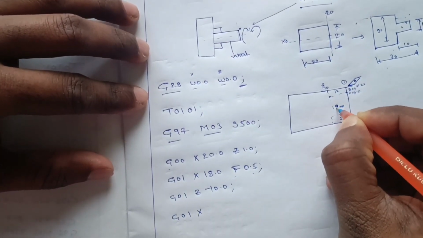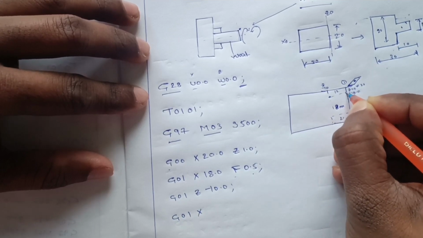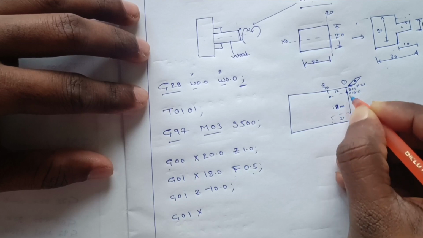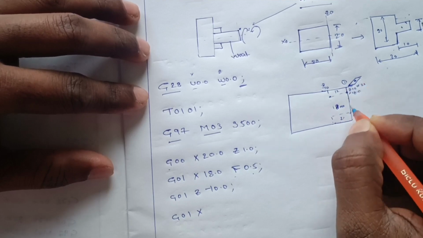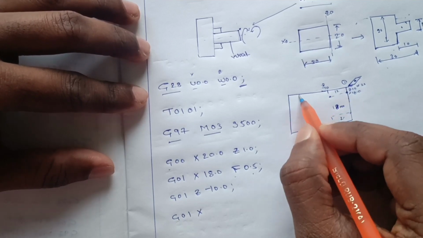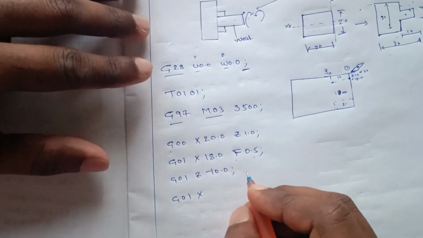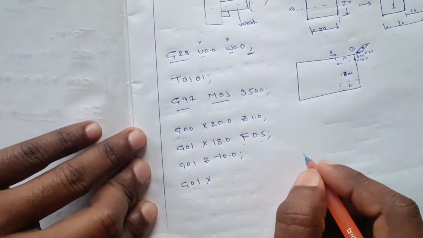It will be 18, not 16, because we mentioned X18, so the diameter will be left up to 18 and the remaining will be cut. We give this low amount because some rough castings have extra material, that's why we give a low amount of cutting.